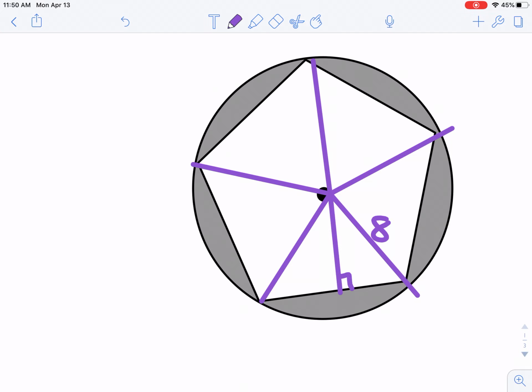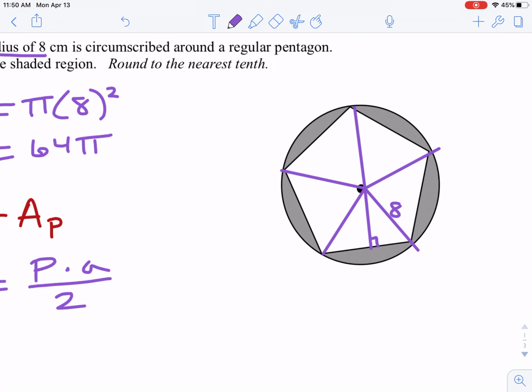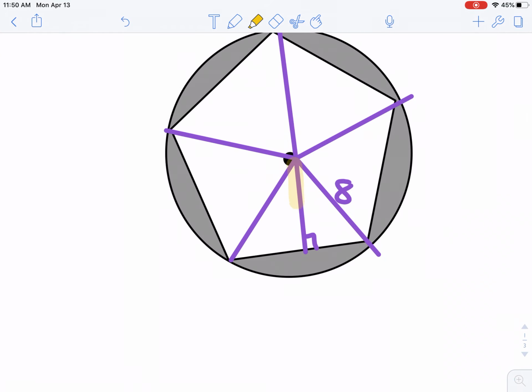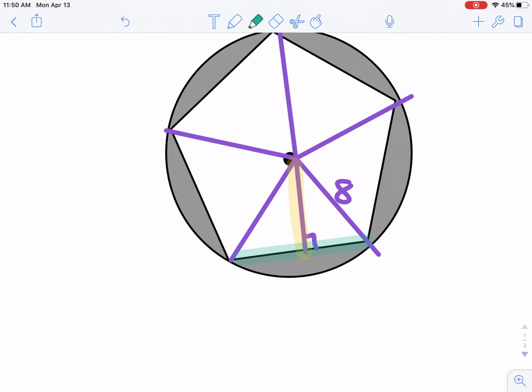And if I remember correctly, right, the area of the polygon or the pentagon is going to be the perimeter times the apothem over 2. So in order to find that, I need to know both this length of the apothem and I need to know this length of the side.